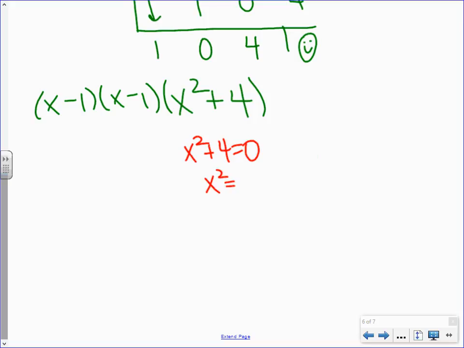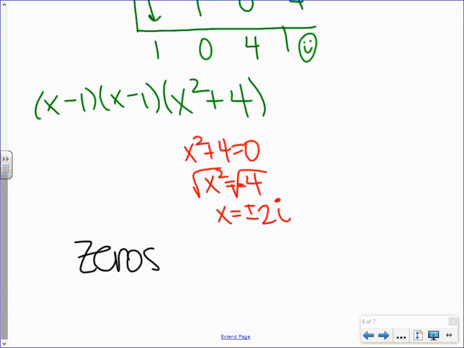X squared is negative 4, which means x is plus or minus 2i. Some of you can see that without doing the work. That doesn't bother me. Our zeros are 1, 1, and plus or minus 2i.